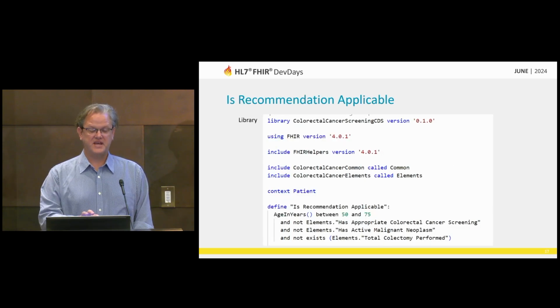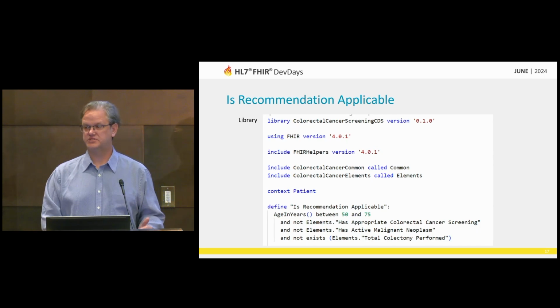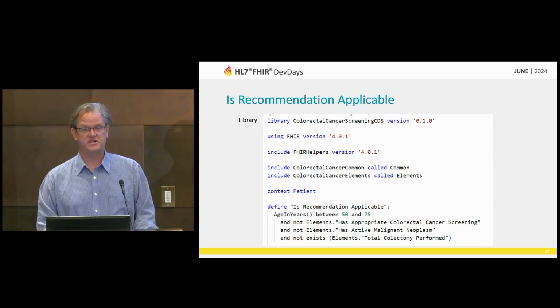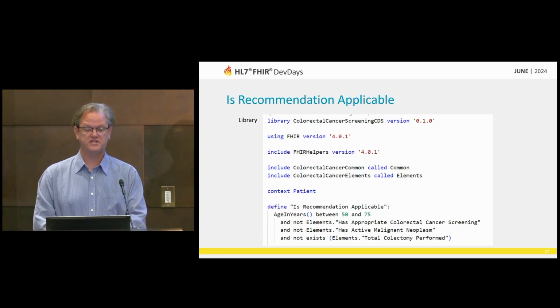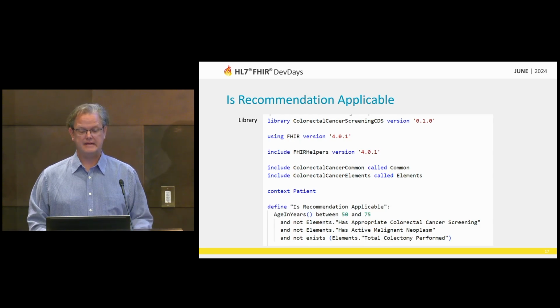So looking at that, is recommendation applicable? So this is a library of CQL, and we'll go through this step by step and see what each of these things are. So the first thing is the library declaration. So the colorectal cancer screening CDS, that name is actually unique within your project. So in this case, that colorectal cancer screening IG, and that name is actually used to resolve it.